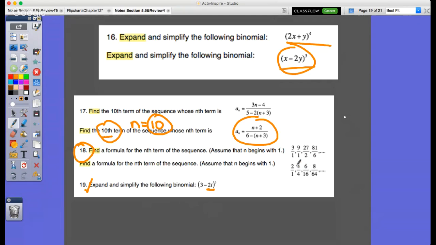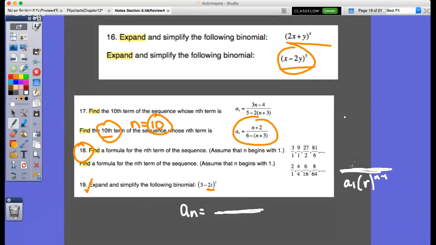Okay, so the top term up here, this is finding the formula for the nth term. Remember that in the bottom specifically, we have two different types. We have the bottom, which we multiply by 4 each time. Because we multiply by 4 each time, you could use your formula a sub 1 times r to the n minus 1, and that would get you the correct answer.